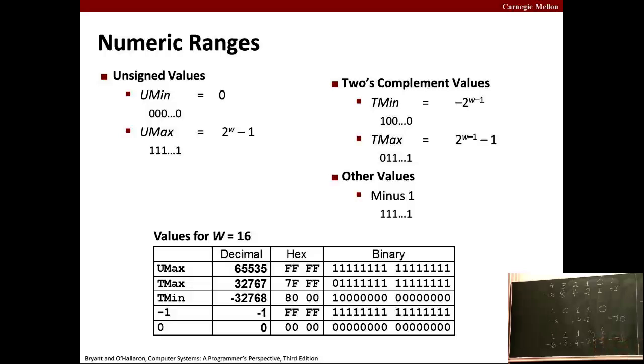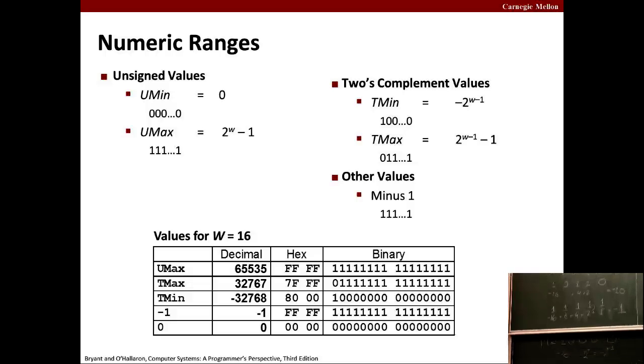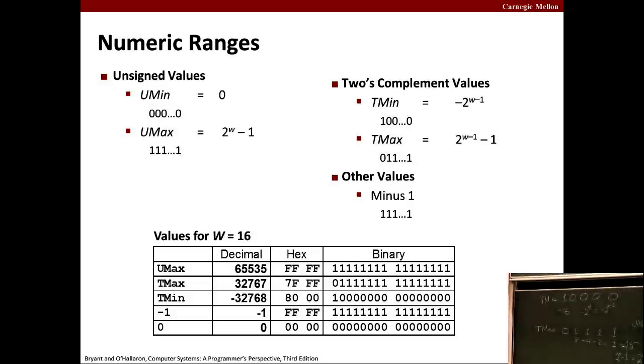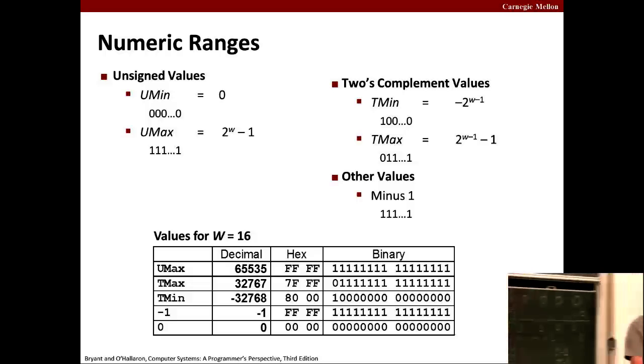So the bit pattern, all ones, is always a minus 1 in this representation. I should mention 2's complement is not the only way to represent positive and negative numbers, what's sometimes called signed numbers. But it's so universal that you'll hardly ever encounter another case. So if you understand 2's complement, you have a pretty good understanding of what really is going on.